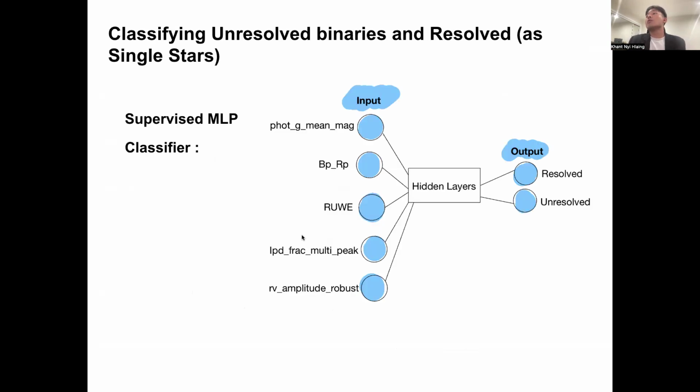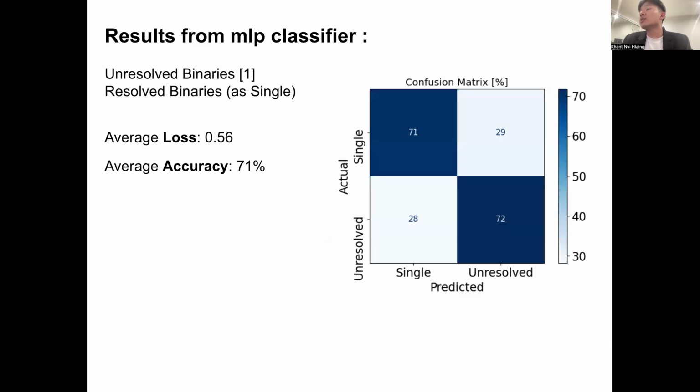So moving on, we have a little bit of information on the supervised MLP classifier. We have 5 features and 2 labels. The features are the mean magnitude, color, and the 3 binary indicators, and the labels are resolved and unresolved. This is the resulting matrix from the algorithm, with an accuracy rate of 71%.